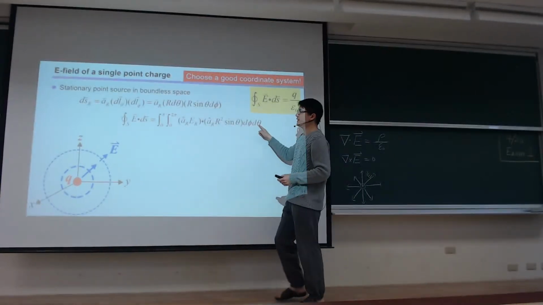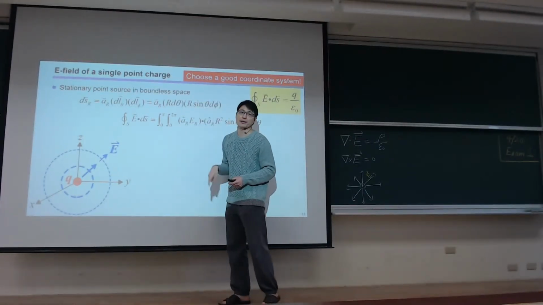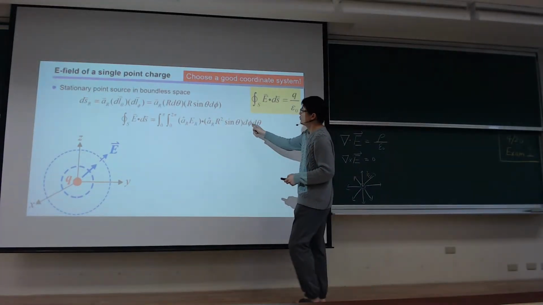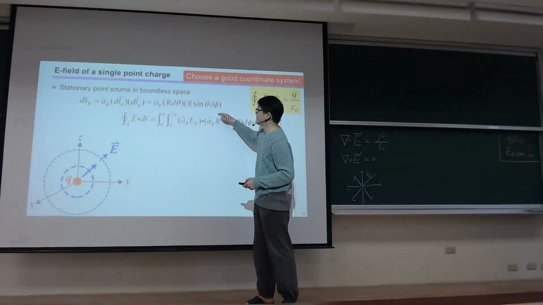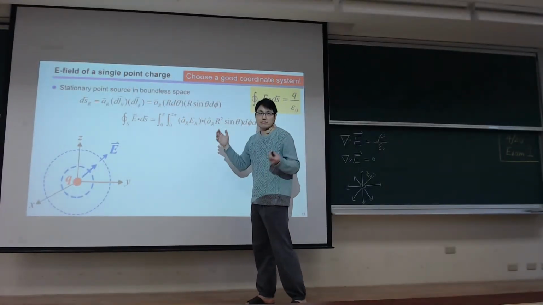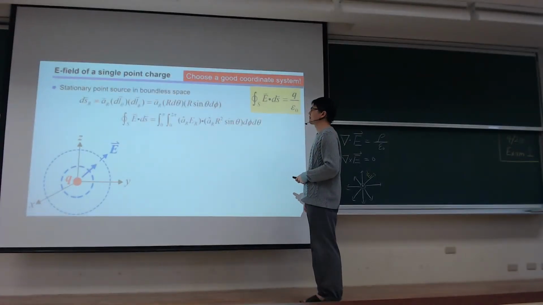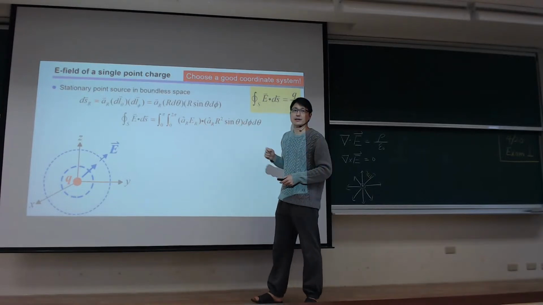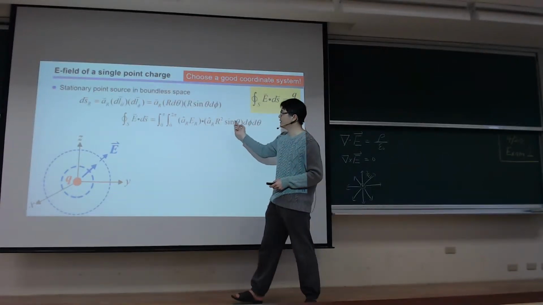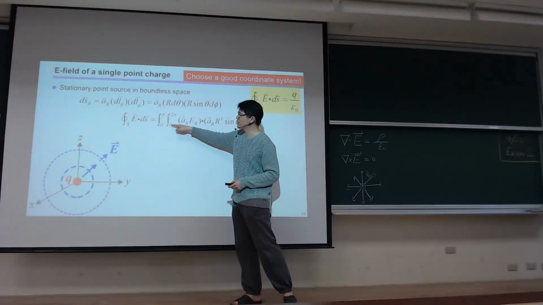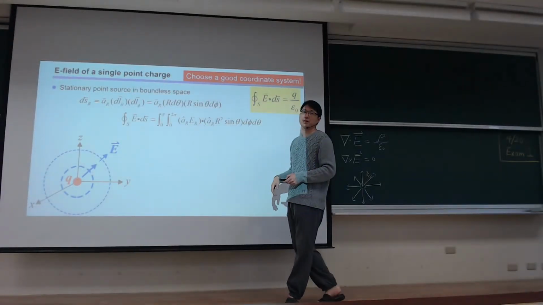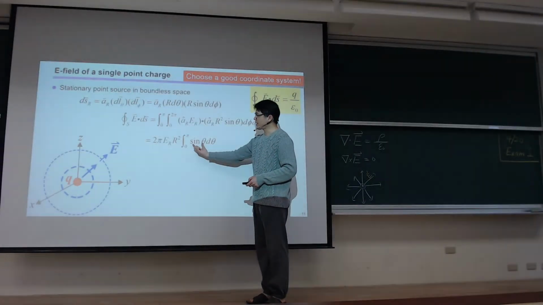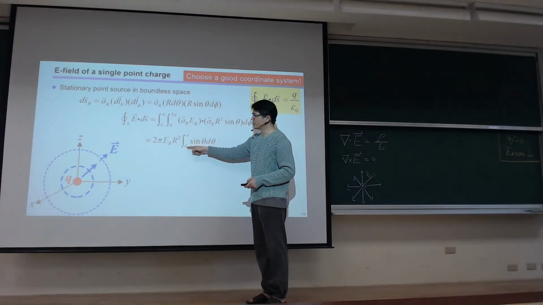Now we look at the things inside. a_r dot a_r is just 1. So there is no phi inside. So basically, d phi over the range of 0 to 2 pi is just 2 pi multiplied directly. What we're left with is sine theta d theta integrated over 0 to pi.